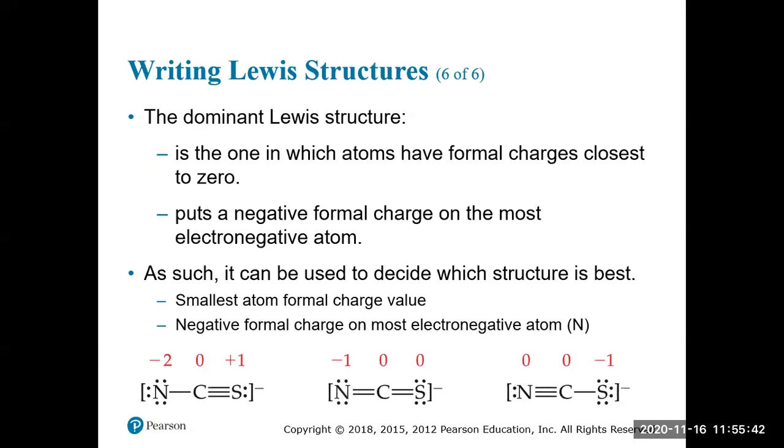And so the Lewis structure that's favored is the one that has nitrogen with a negative formal charge, and that's the choice in the middle. That choice in the middle, where we have carbon with a double bond to the nitrogen and carbon with a double bond to the sulfur, results in a lot of formal charges around 0. And for the ones that aren't 0, it gives us a negative formal charge on the most electronegative atom in this molecule.